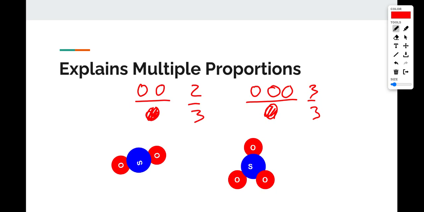So if you took the ratio of oxygen mass to oxygen mass for the same sulfur mass, well, this would just be like a 2/3 divided by a 3/3. And the masses of sulfur, whatever that mass is, would just cancel out, and there's your simple ratio, 2/3. And the 2/3 exists because of the fact that these things come in whole number units. There's no half of an oxygen atom or half of a sulfur. They always come in whole numbers. And that explains the law of multiple proportions.